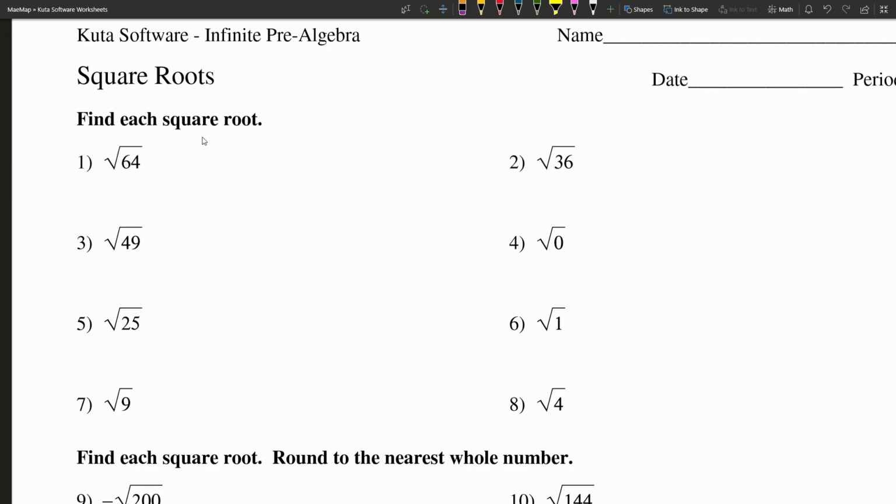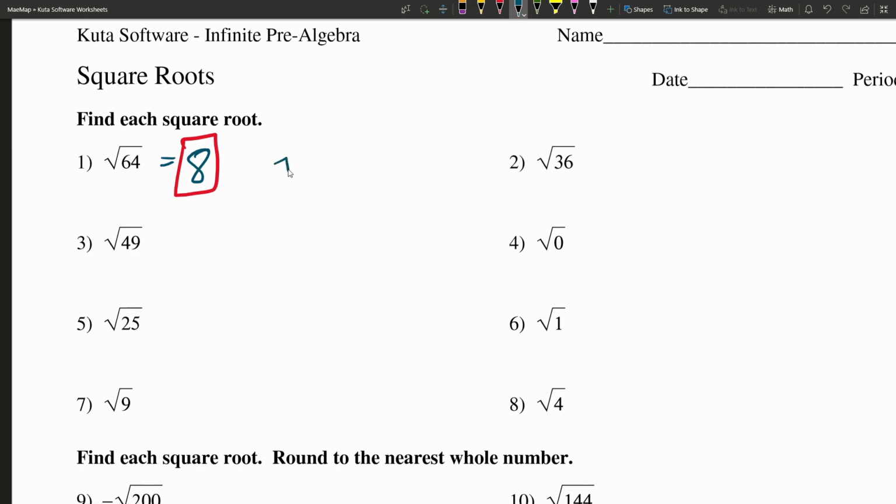So thinking about 64, 8 times 8 equals 64. So our solution in number 1 is 8. And again, 8 times 8 equals 64, and 8 times 8 is 8 squared, so the square root of 8 squared, or 8 squared raised to the 1/2, that is 64 raised to the 1/2, which is the square root of 64.